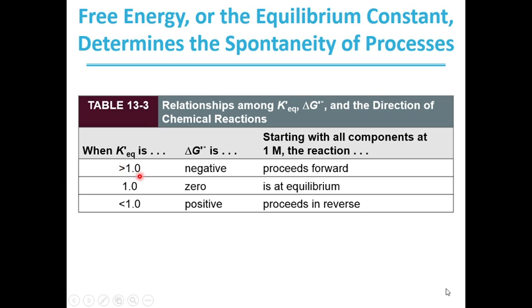When K equilibrium is greater than 1, delta G is negative, and the reaction proceeds forward. When the equilibrium constant is 1, delta G is 0, and the reaction is at equilibrium. When the equilibrium constant is less than 1, delta G is positive and the reaction proceeds in the reverse direction.